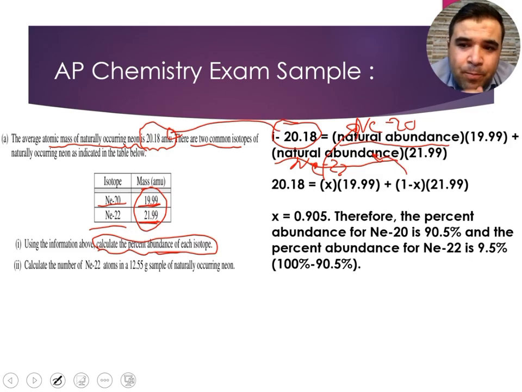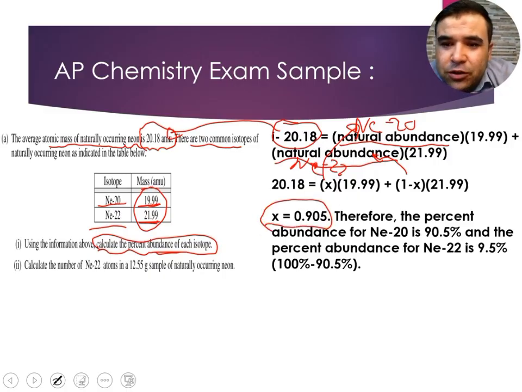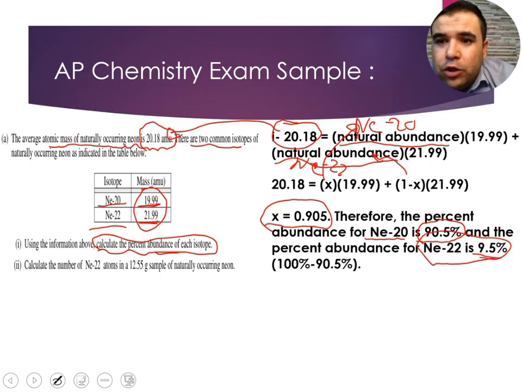Mathematically, we can solve for x. So we got x equal to 0.905. If we change it into percentage, it becomes 90.5% of neon 20, which was x, and then 9.5% remains for neon 22. Those are the abundances of each of those.